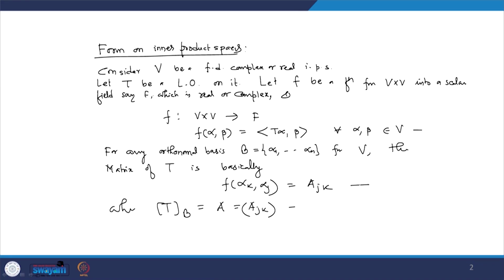So, that is why I am introducing forms on an inner product space. In fact, forms can be introduced on other nonlinear spaces too, but here we are interested in inner product spaces.